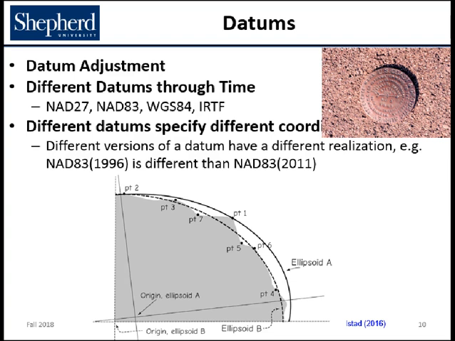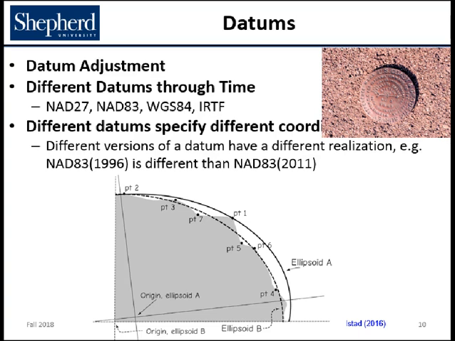The conversion of the datum is important. The versions are all likewise extremely important to keep track of. NAD 83 1996 is a different realization than NAD 83 2011. The datum is incompletely specified unless the version is given.